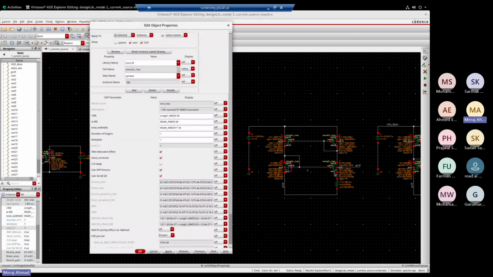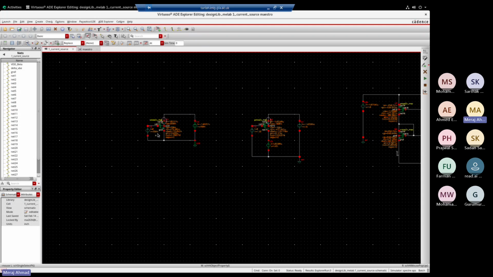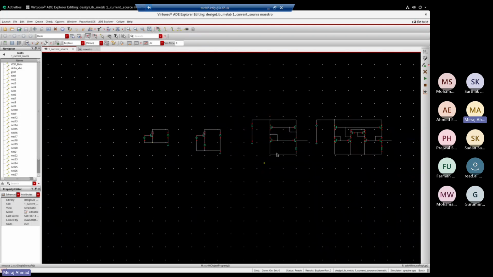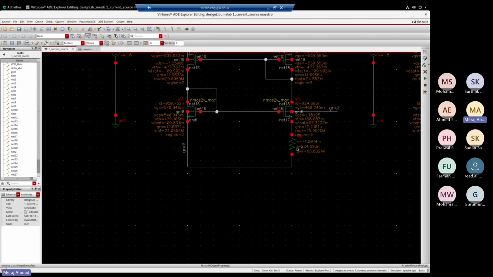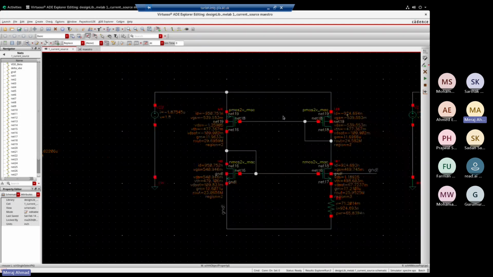The only change I did is here, I kept multiplier 4, so that my equation simplifies to 1 by R. From my unit element design, I just took the gm value of 13 and plugged it here in the resistance. And I see here that it's approximately 1 micro. The reason it's less is because we assumed square law, but quickly you can design a beta multiplier with 1 micro.